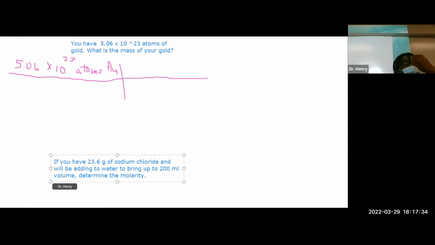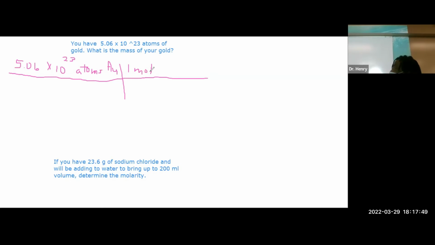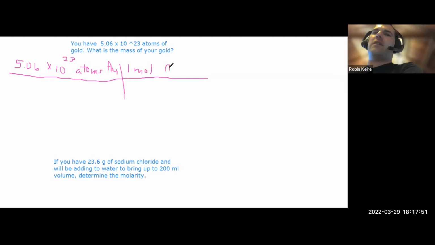So am I going to put moles on top or moles on the bottom? Moles on top, because the grams per mole is what we're getting to eventually. We have 1 mole, 196.7 for gold. That's our next step.